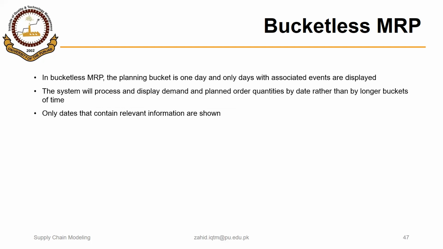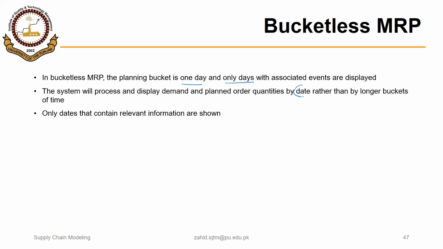So what is a bucketless MRP? In bucketless MRP, the planning bucket is 1 day and only days with associated events are displayed. The system will process and display demand and planned order quantities by date rather than by longer buckets of time.